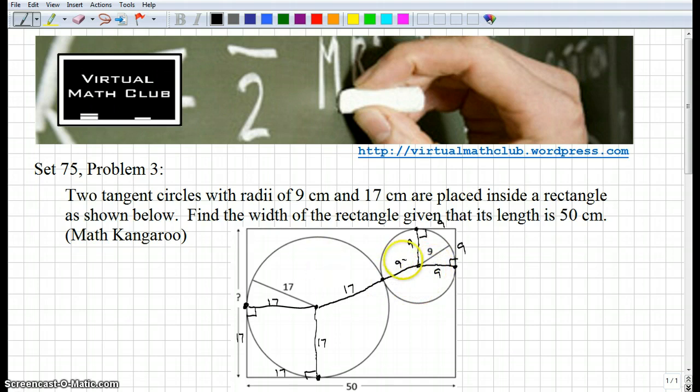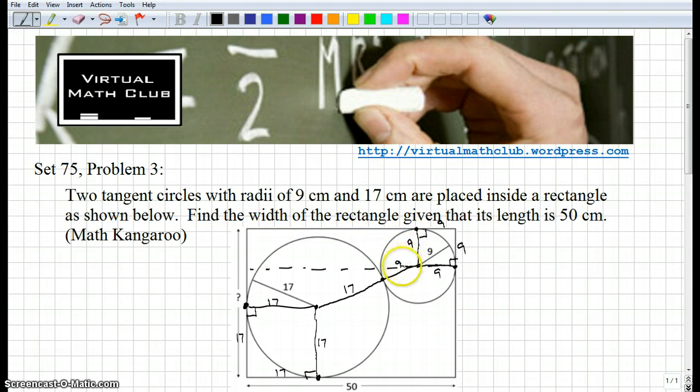One thing I could do is extend this radius right here all the way over to this other side. Let me see if I can draw that in. I'll try to dash it in so that I can get it reasonably straight. I've drawn it so that it's parallel to this top edge of the circle.